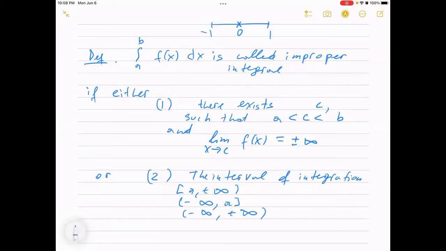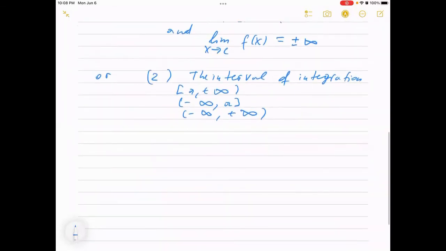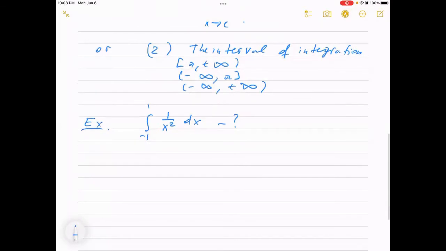So let's concentrate on the first type firstly, and then we'll concentrate on the second, and let's figure out how we're going to be able to do the calculations. So let's look at our integral which we just did a second ago a little bit more carefully. We want to find what this integral is equal to.